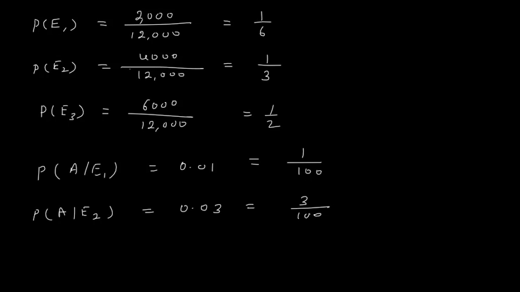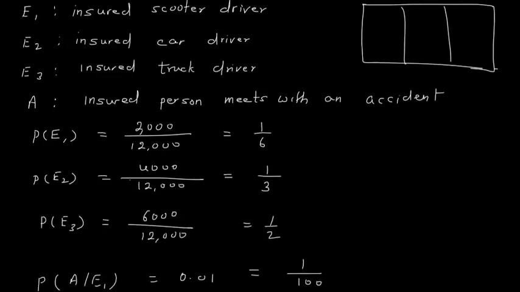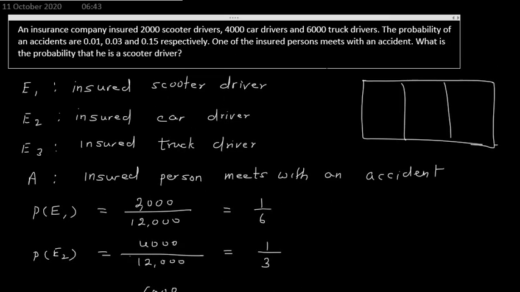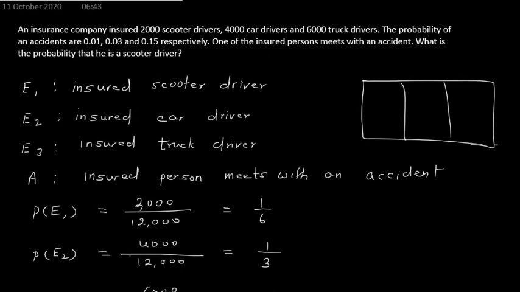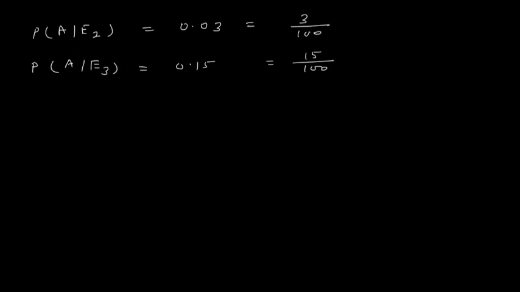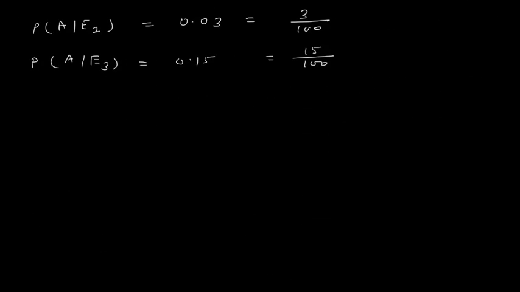And possibility of A by E3 is given by 0.15, means 15 upon 100. We have to find the possibility of what is unknown. What is the probability that he is a scooter driver? So probability of E1 by A. Possibility of E1 by A, this is a question mark.